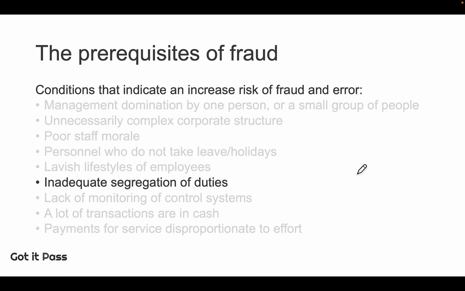Inadequate segregation of duties. It's quite clear that segregation of duties is very important. Just following my example, like the accountant who reconciles the cash receipts from the customers with the outstanding account receivables.